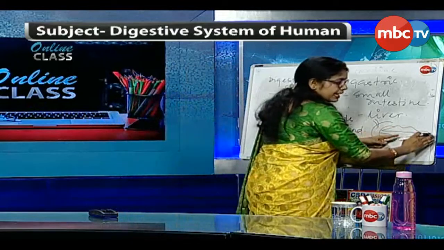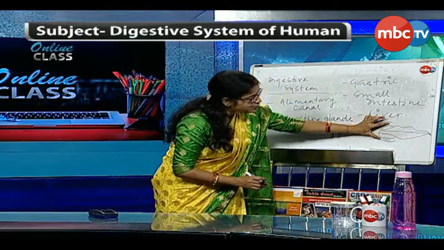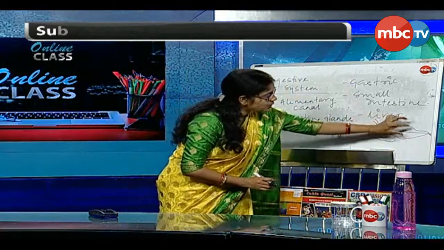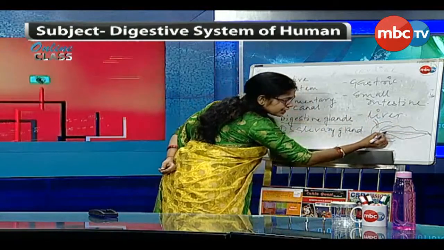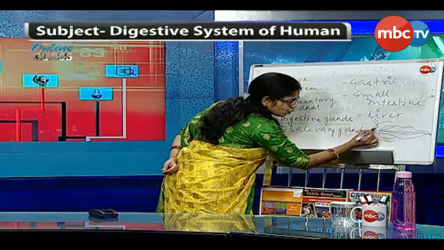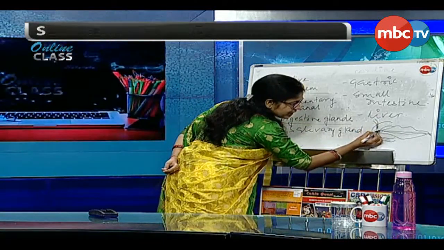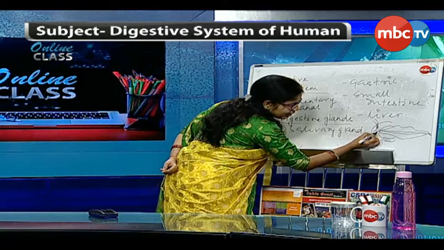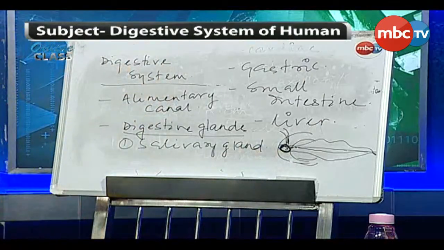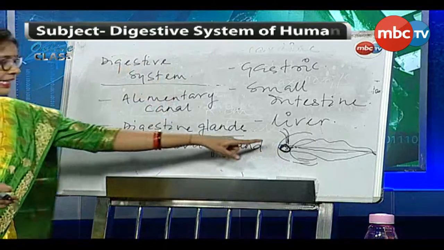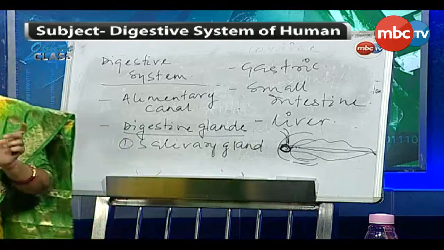Pancreas is irregular in its structure, it is present in between the two limbs of the C-shaped structure. The duct of the pancreas which secretes the pancreatic juice and the common bile duct, when they get combined, they will open near the C-shaped structure of the small intestine, and this area is known as hepatopancreatic duct.